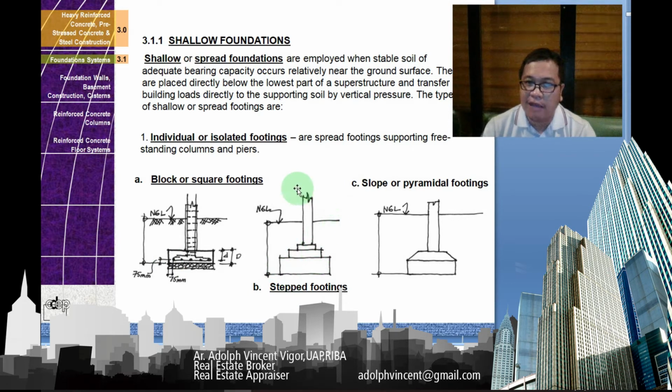This is something that I haven't encountered yet in my practice. And we also have the sloped or pyramidal footings. I rarely encounter engineers, class, who design their footings in this manner. That's B and C. But probably they exist based on the conditions, and it could probably depend on the designer also.